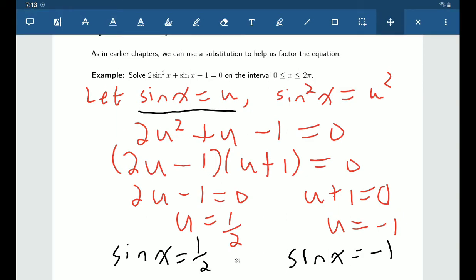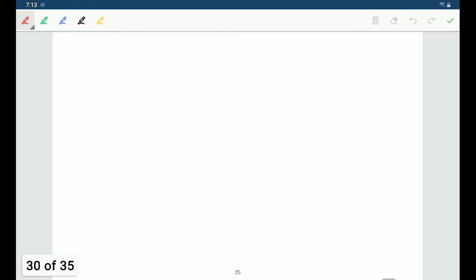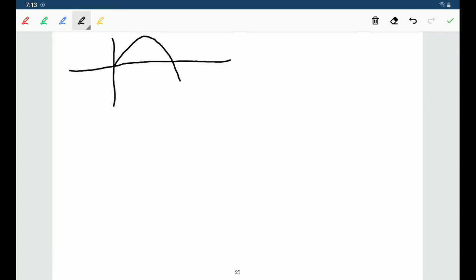So I'll do the first one, sine of x equals negative 1. That's the easier one, because if we're remembering our graph of sine, we reach the value of negative 1 at 3 pi over 2.